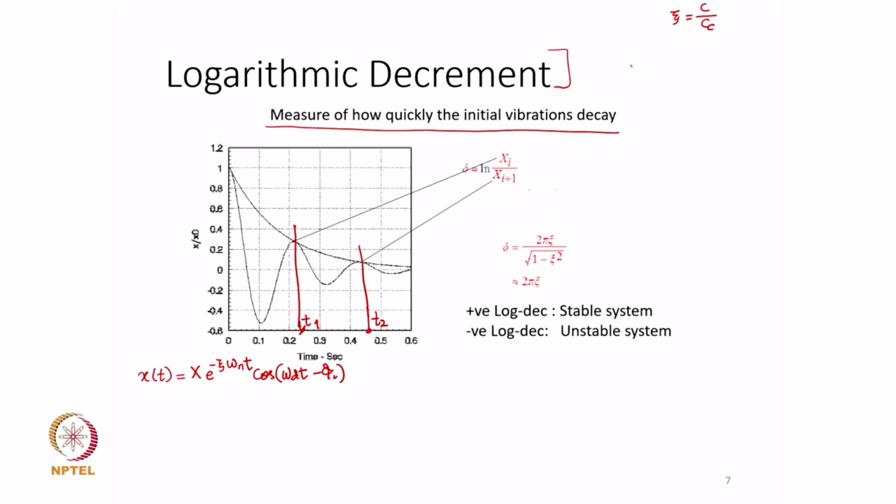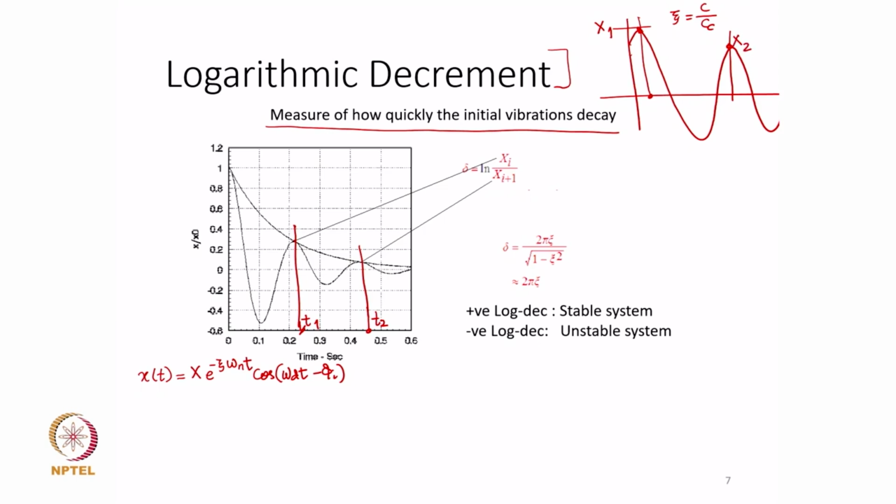So, in a damped vibratory system, if the oscillations are decaying gradually, I can say that this is my response at the start of, let us say, this cycle, and the response after one cycle is, let us say, x2.